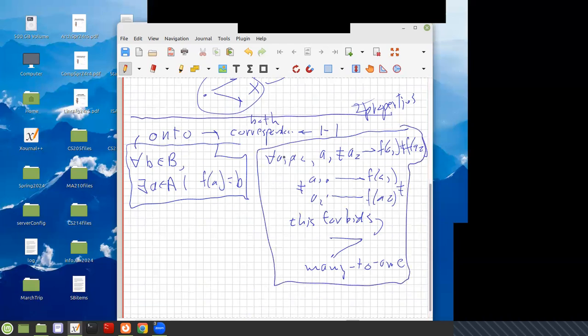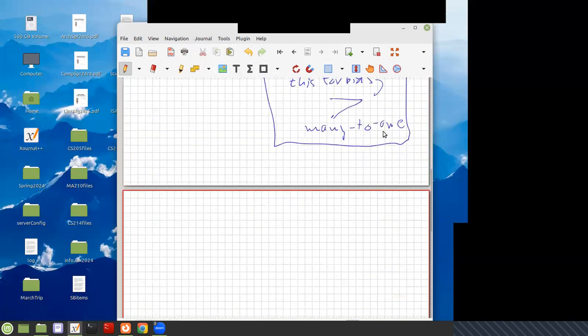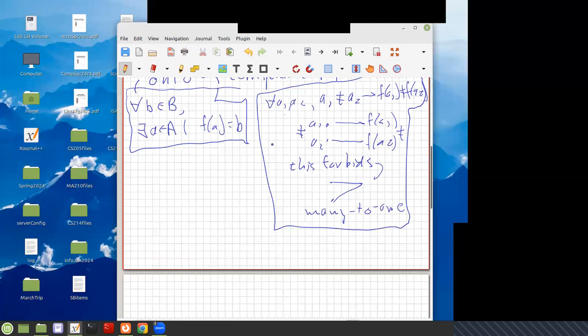And again, there's the negation view, and then there's the contrapositive, which is the more positive view, which says if F of A1 equals F of A2, that implies that A1 equals A2.